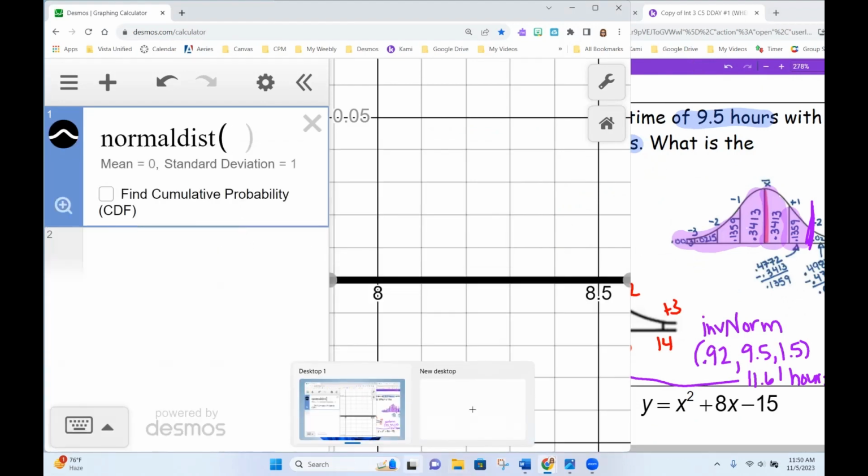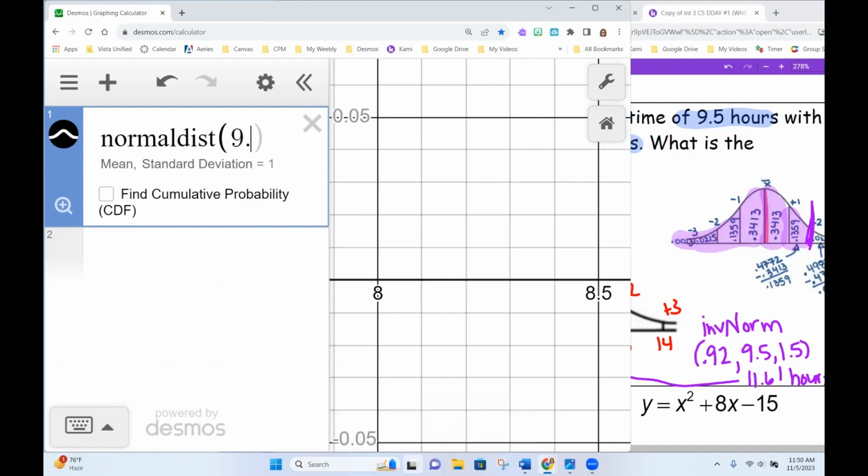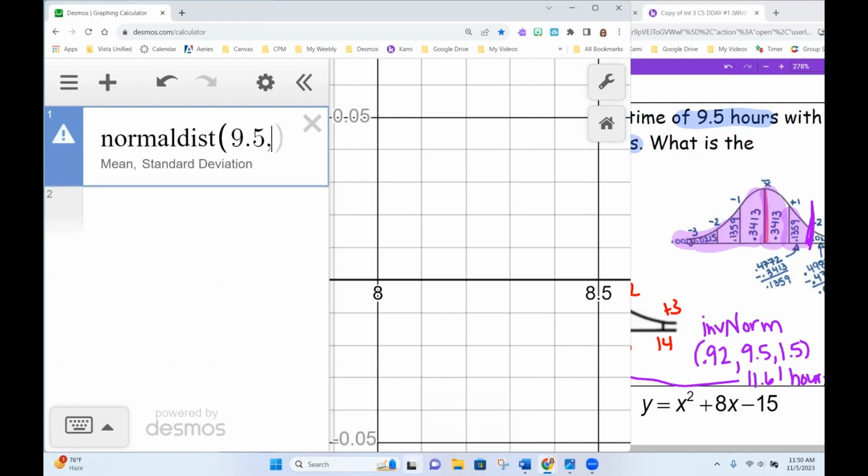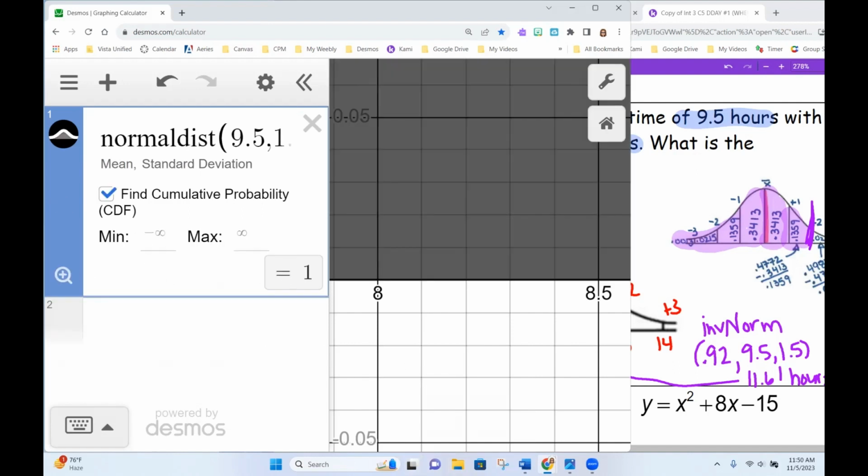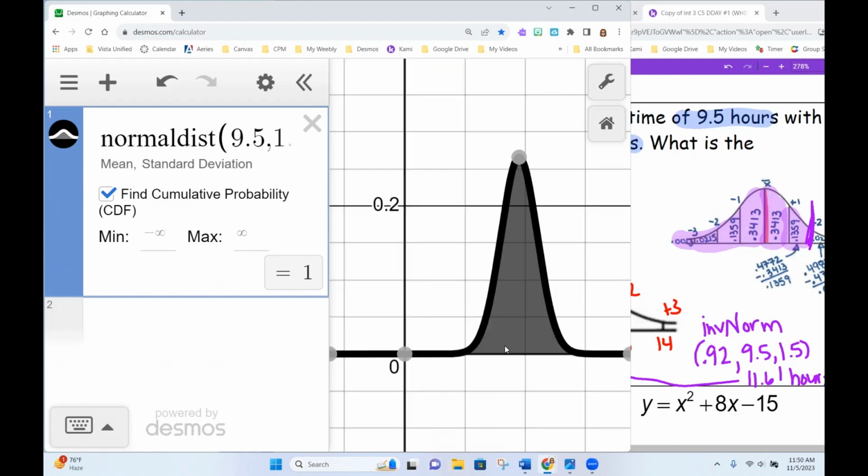We want it to be 9.5 hours and 1.5 standard deviation. If I show cumulative, there you go. It's showing that to us. We want the inverse norm for 92%.